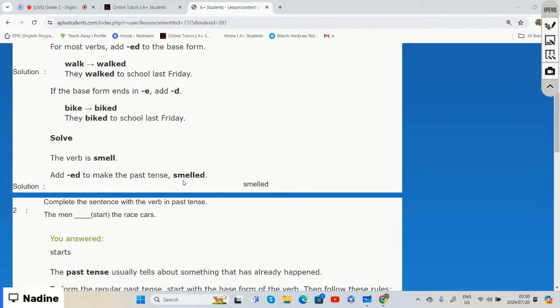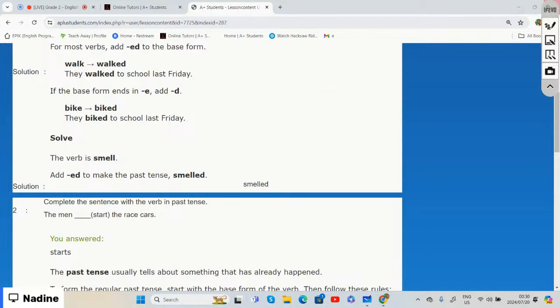Start. Remember, in our bracket it is start.